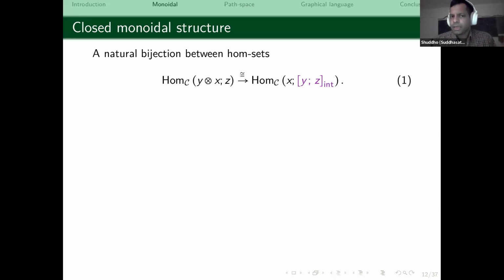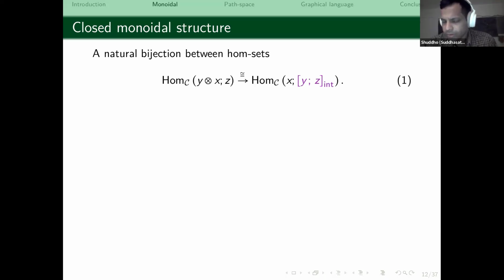Certain categories have this property that I can form a special object denoted here in square brackets called the internal homomorphism object.